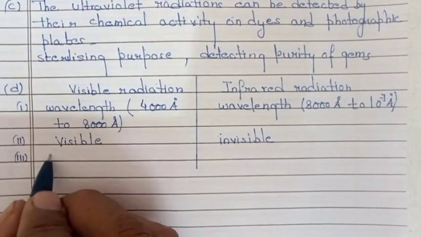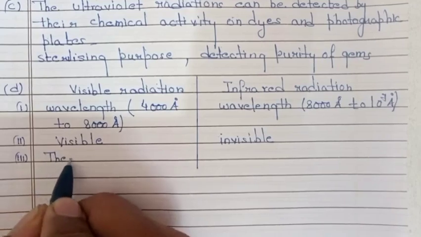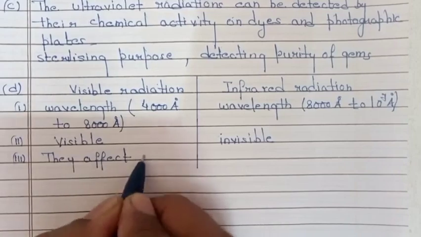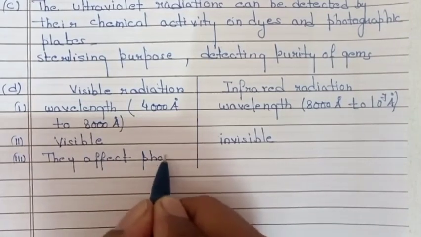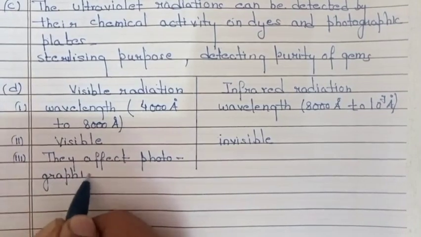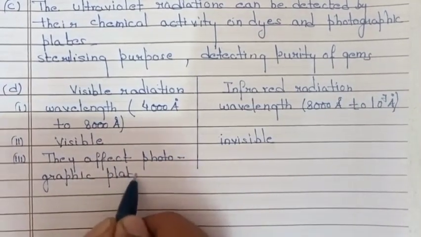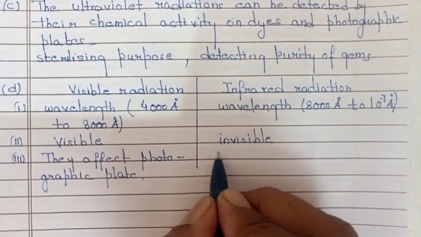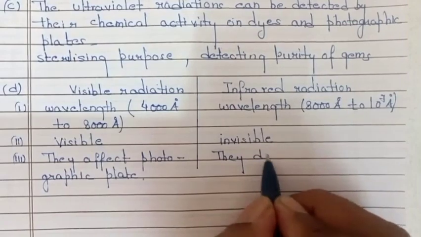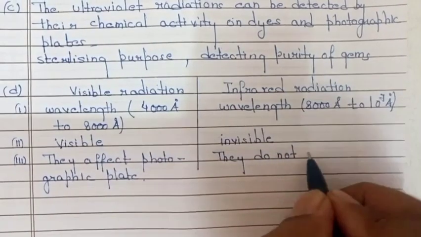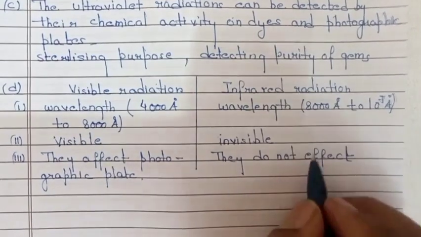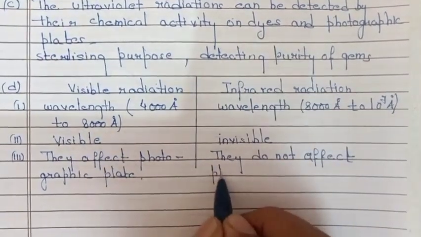Here you can say visible light affects photographic plates, whereas infrared does not affect photographic plates.